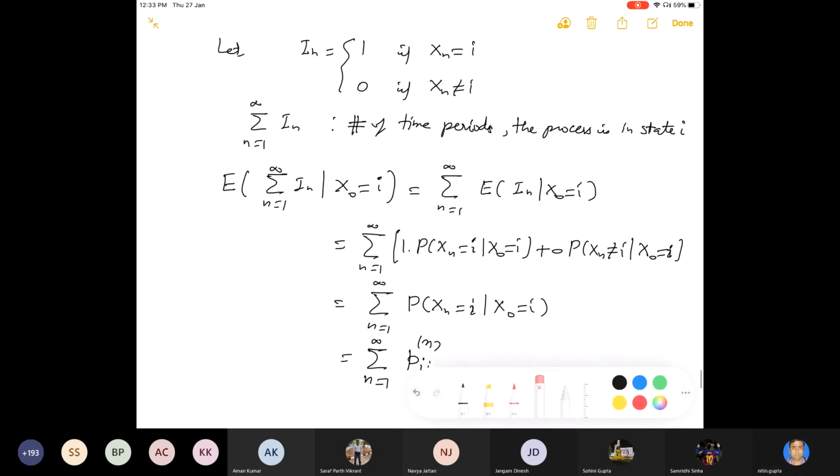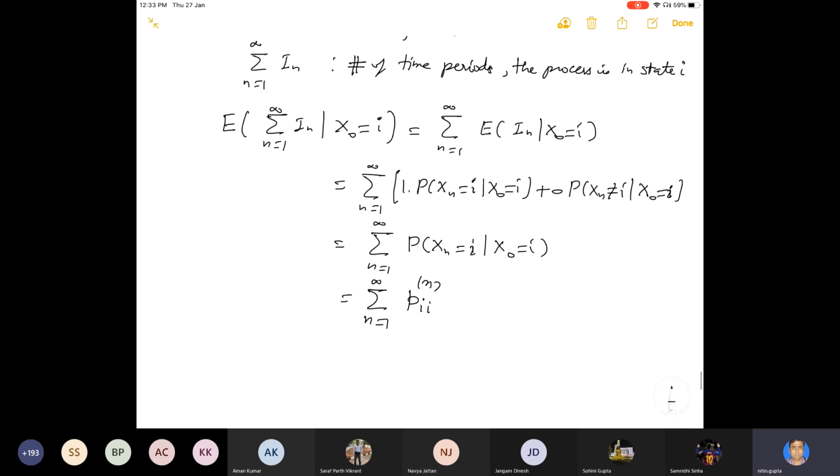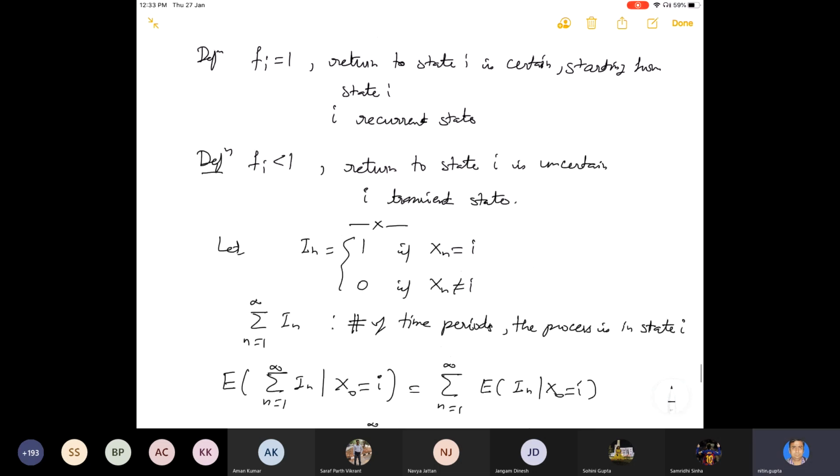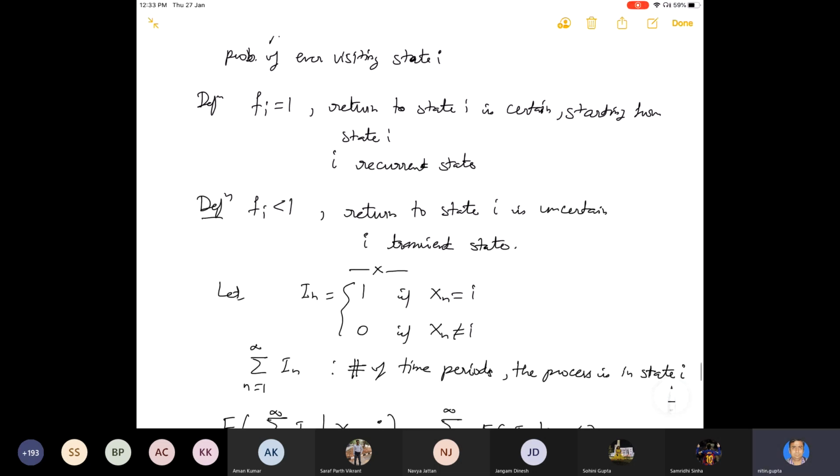Now you know that I is recurrent if return to state I is certain. Once it returns to state I, because it is a recurrent state, again it will return to state I. How many times? Infinitely often.